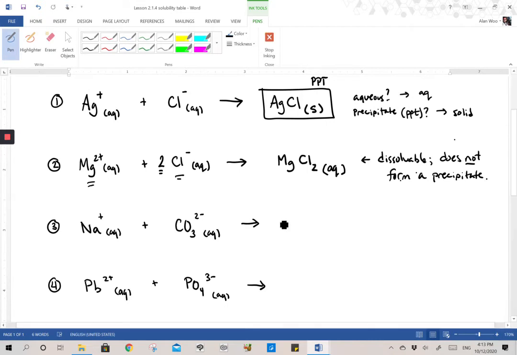So when we write out the formula, CO3 has a 2 negative charge, sodium has a +1 charge. So we're going to need 2 sodiums. So we'll fix up the balancing over here, and we'll add in the CO3. And because it's soluble, the symbol that we're going to use is AQ.